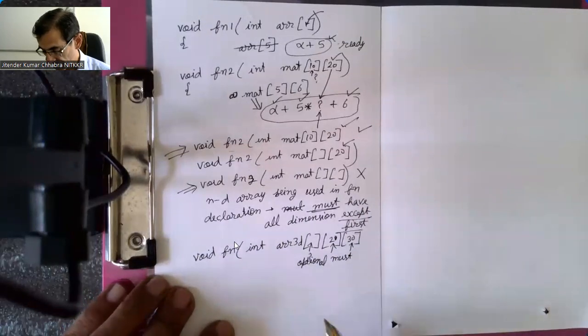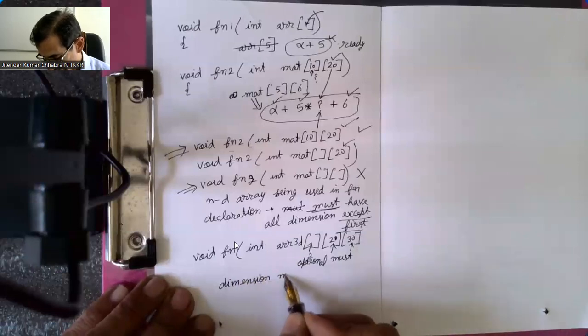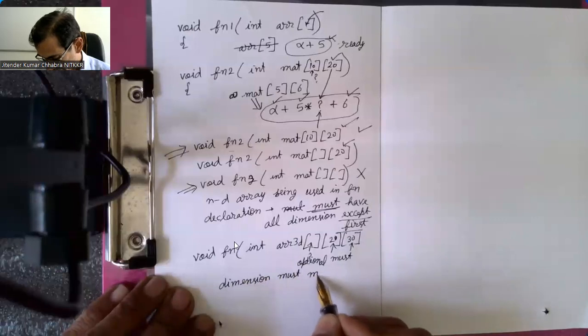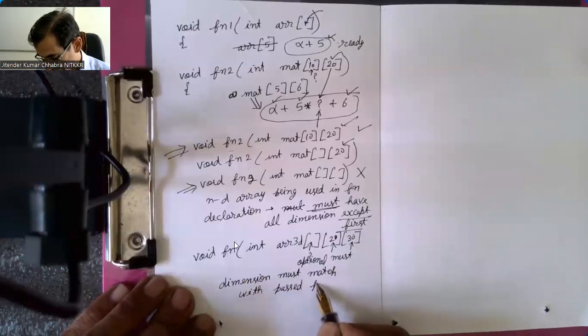Not only that, the dimensions must match those of the passed parameters, because if they don't match, the address conversion will become wrong. What does that mean?